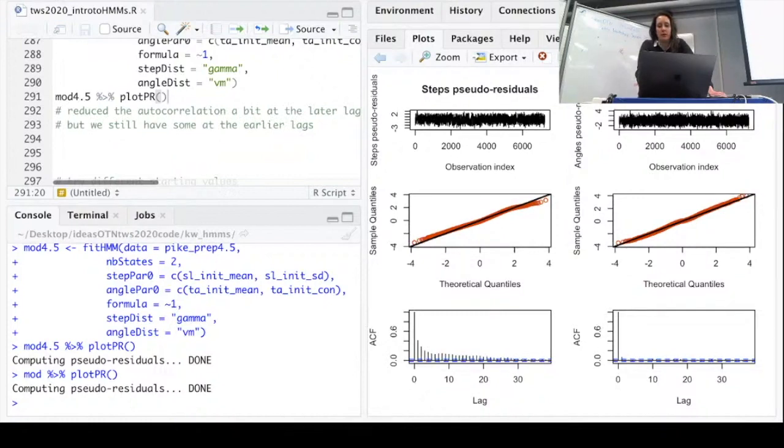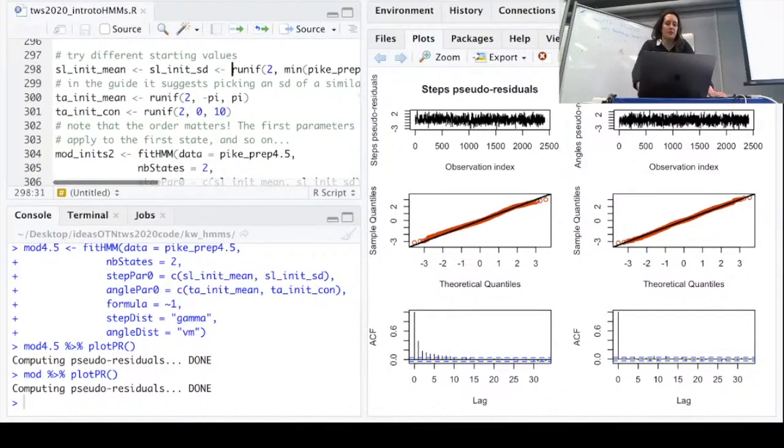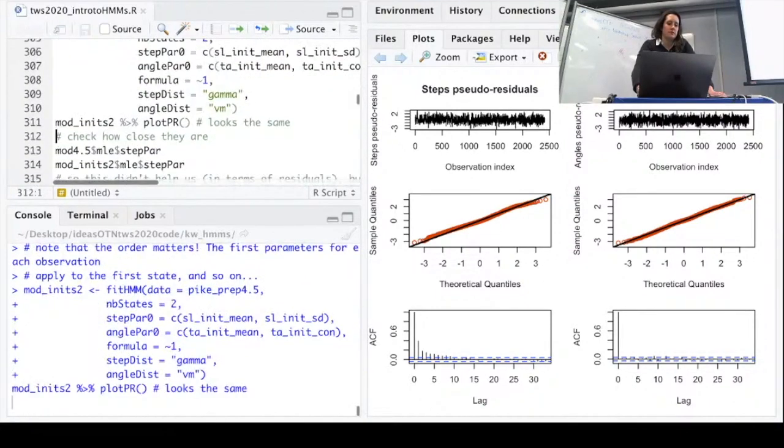This is the original model, and see how we have autocorrelation that's lasting for quite a bit longer. You can tell it's reduced a little bit here. So that suggests that autocorrelation can also be a factor of just the linear interpolation. So you can try different starting values, run through this.